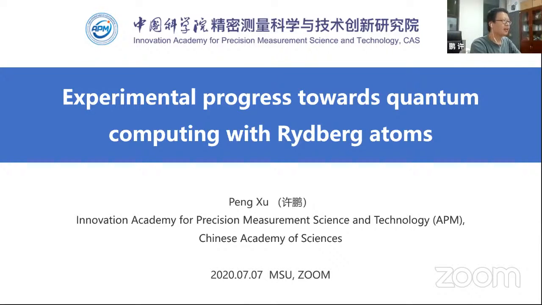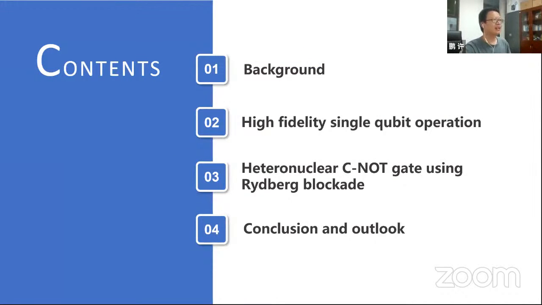In this talk, I'd first like to show you the background of why we are trying to use neutral atoms, especially Rydberg atoms, for quantum computation, and what the advantages of our platform are compared with other very popular platforms, like superconducting systems and trapped ion systems.